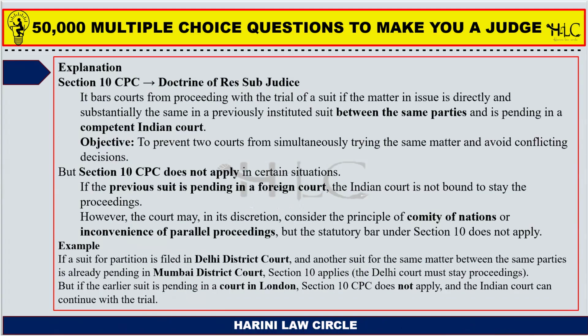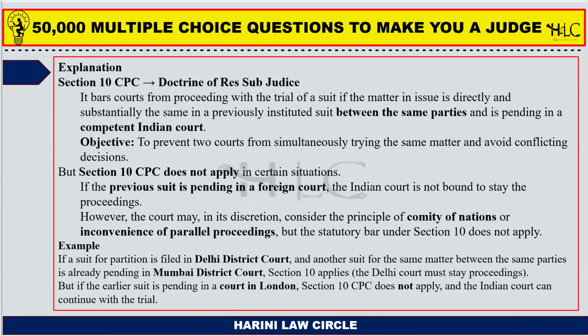So Section 10 states the doctrine of res sub judice, as we know, and Section 11 states about res judicata, right? So Section 11 states about res judicata and Section 10 states about res sub judice. So what does it say?